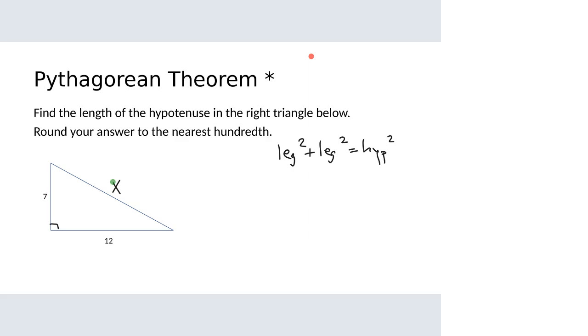What you want to do here is you want to use the Pythagorean theorem to set up your equation and then solve that equation. We know both of the legs. We're looking for the hypotenuse. Don't forget, when you get to the place where you have x squared, you've got to square root both sides to get x by itself.